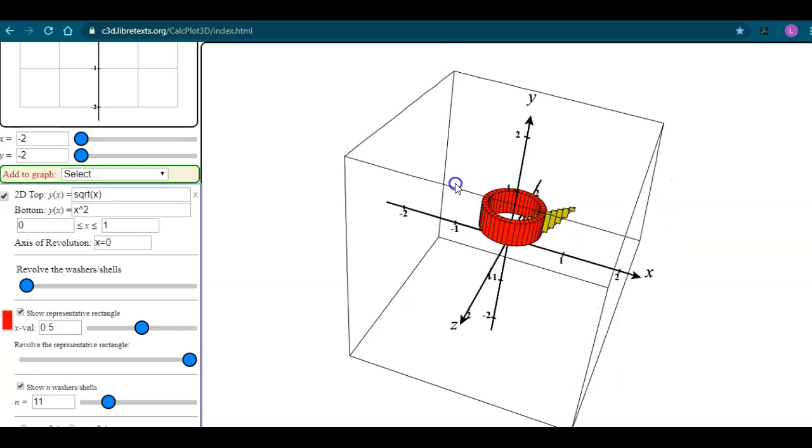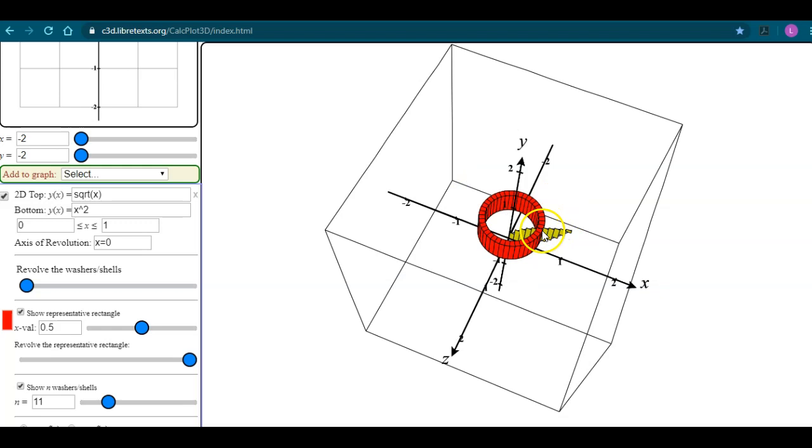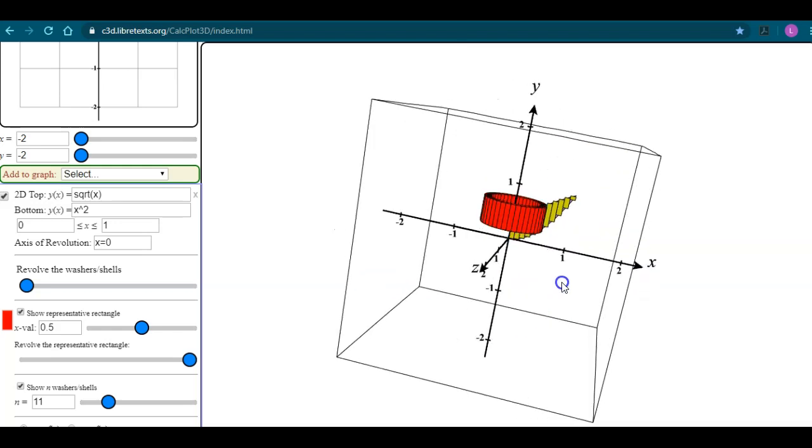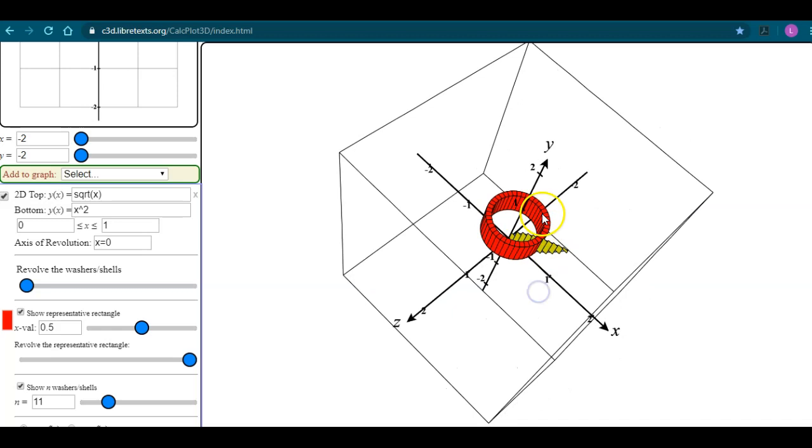And notice that this is hollow on the inside. Normally these rectangles we consider are super thin, so there's not a whole lot of thickness to it, just like a little dx piece right there. And then we do 2 pi r to get the circumference, and the height, and times the thickness. That gives us the volume.